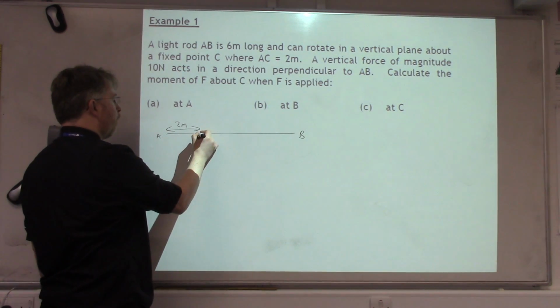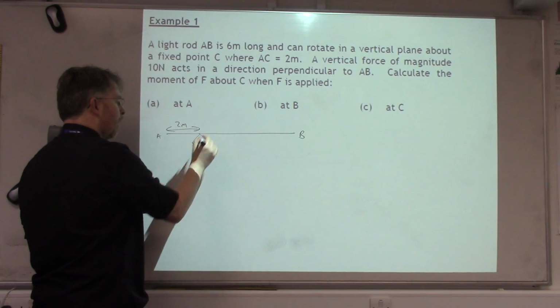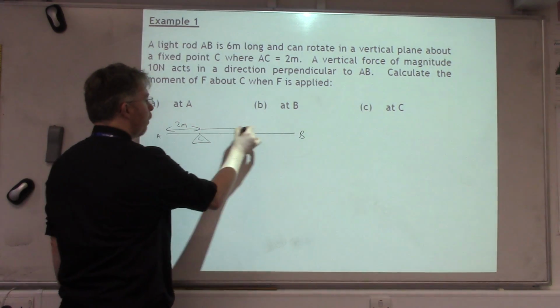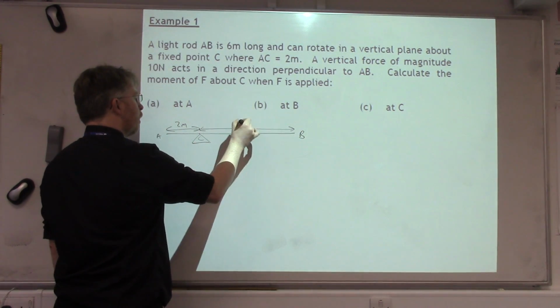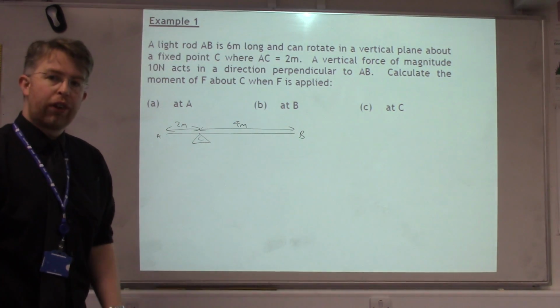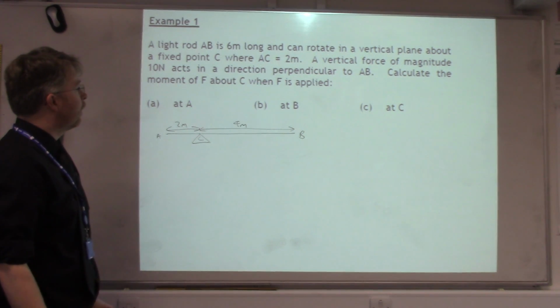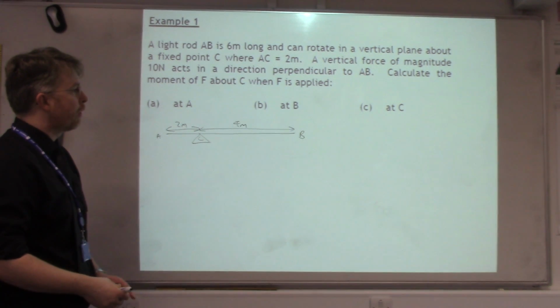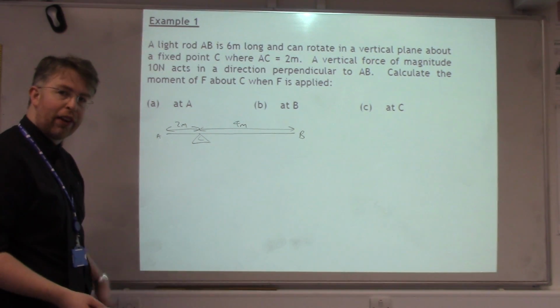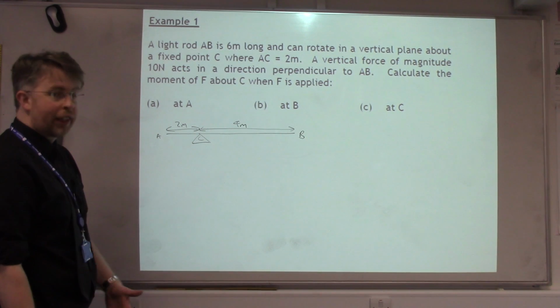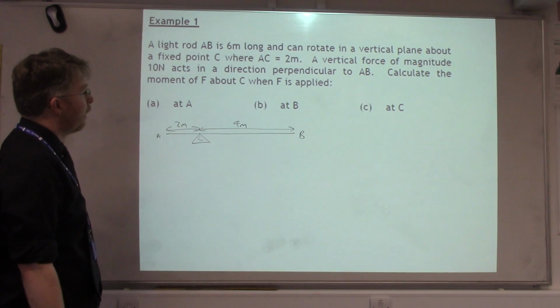We often draw pivots as a triangle, and then 6 metres all the way, so C to B must be 4 metres. Now we've got a vertical force of magnitude 10 newtons that acts in a direction perpendicular to AB. I'm going to have it pointing down. It's not been specific in this case, but we'll have them pointing down.